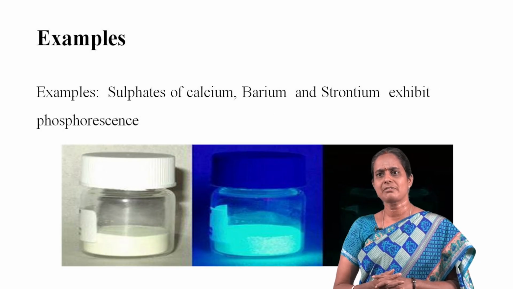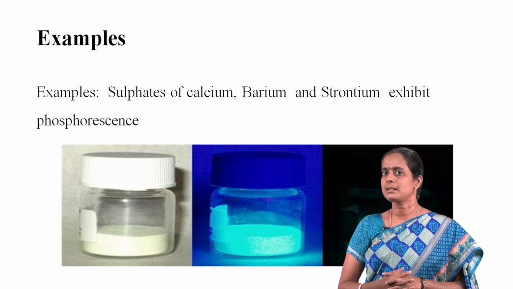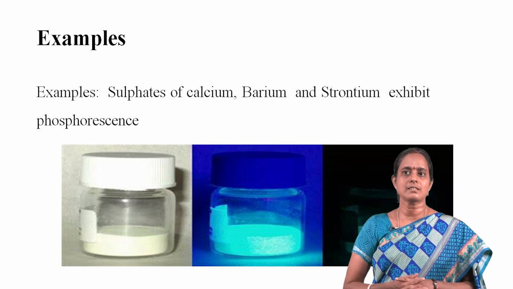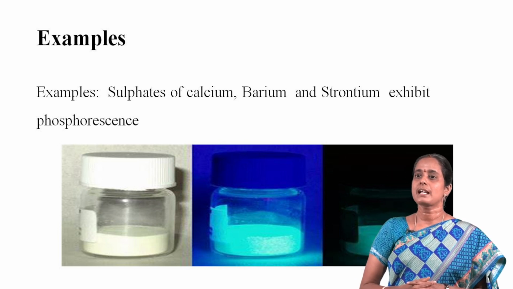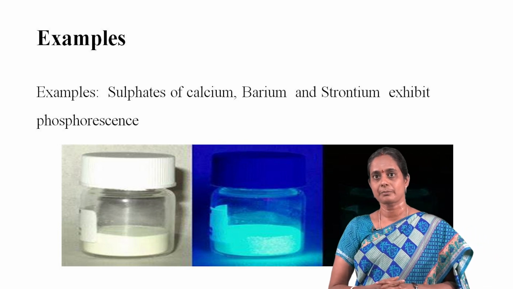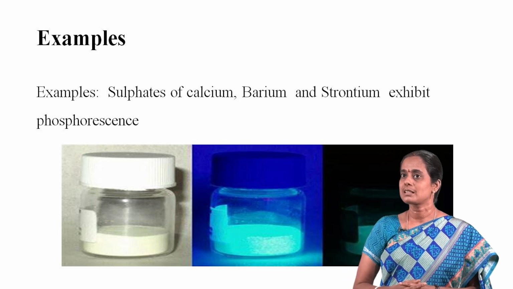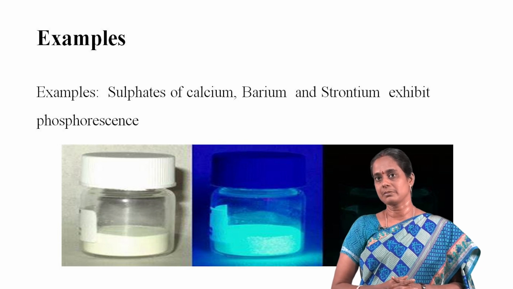Examples are sulfates of calcium, barium and strontium, which exhibit phosphorescence. Boric acid fluorescein shows phosphorescence in the blue region at 5700 angstrom wavelength.